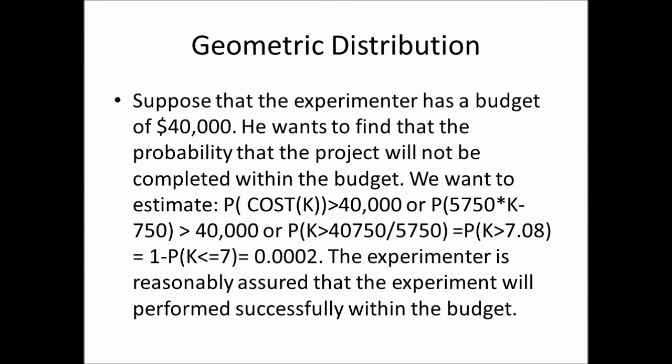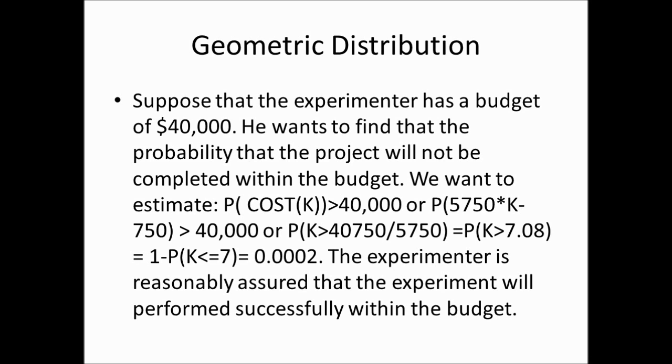Moving on, now just another variation of the same problem. Suppose the experimenter has a budget of $40,000. So he wants to find out the probability that the project will not be completed within the budget. He'll be needing more money than what he has.